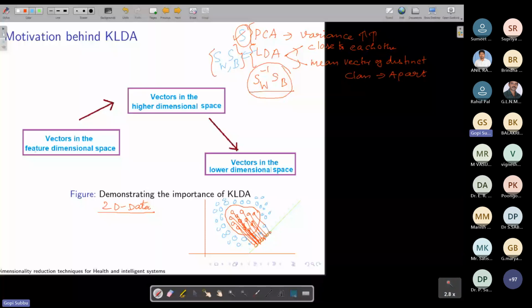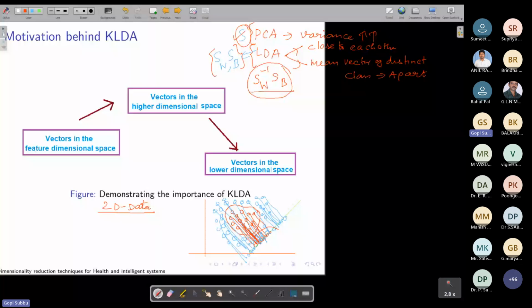If I do this projection on blues, these are all the projections on blues, right? You see that you are getting data overlap. This projection overall is fine, and this region is fine. But there are regions here which are getting overlapped. So this is the overlapping.